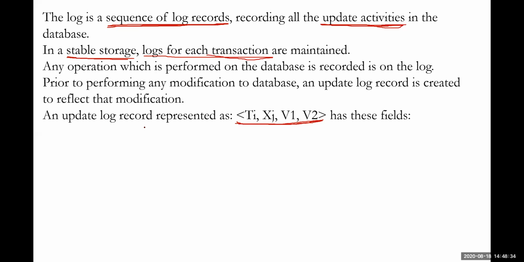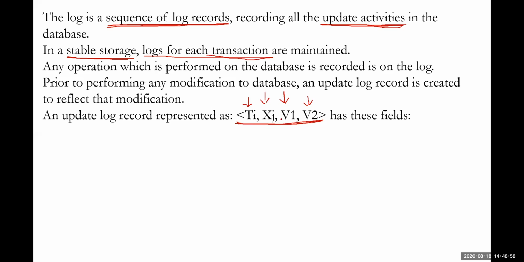Every update log record is represented by Ti, meaning transaction i; every transaction has its own ID. Then Xi, what is the operation you did, on what data item. And what is the old value and what is the new value?